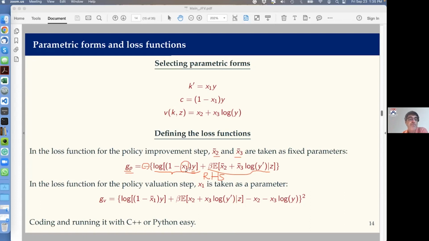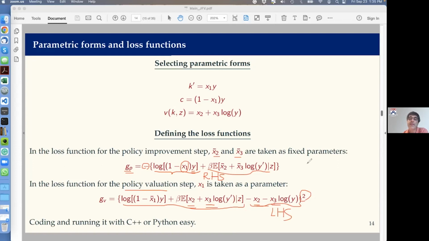And then, when I want to improve my value function, my policy valuation, what I do is I say, this is the right-hand side of my Bellman equation, and this is my left-hand side. So I'm going to make a distance between the two, a quadratic distance, and I'm going to select the x2 and x3 that make that distance as small as possible.